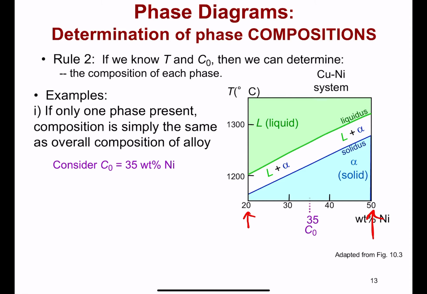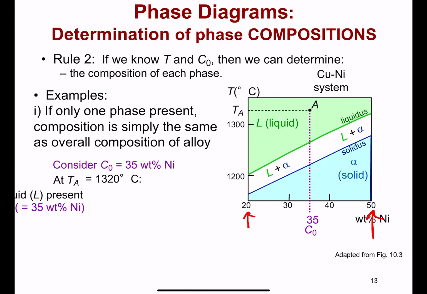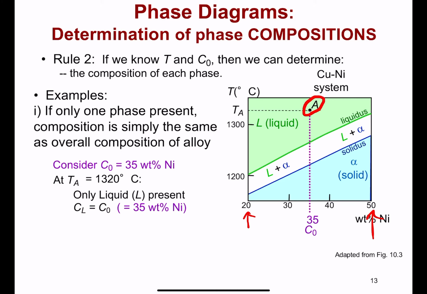So what did we learn from that? Let's consider a couple of options. Consider point A up here now at an upper temperature above 1300 degrees C, roughly 1320. We know that the liquid is molten, and we could ask the question, what is the composition of nickel in this material?